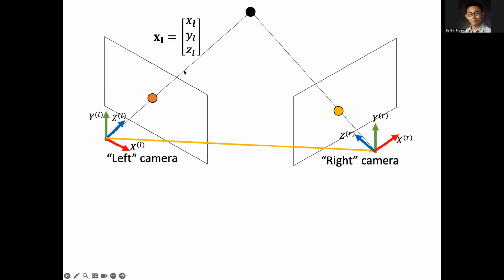At the same time, I can also describe the same 3D point from a different coordinate system, right? These two things are the same, but the numbers are different. The numbers are different because they are described from different coordinate systems. Okay? So far, so good?